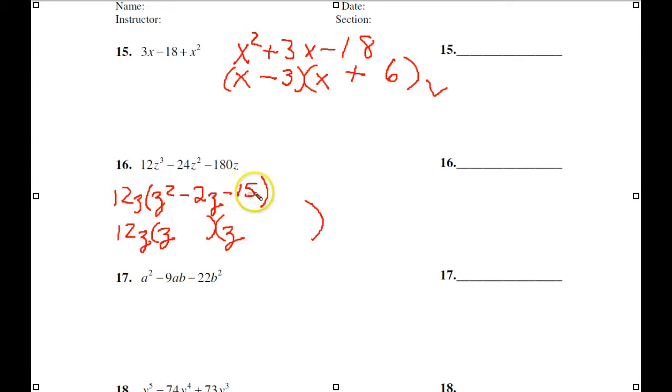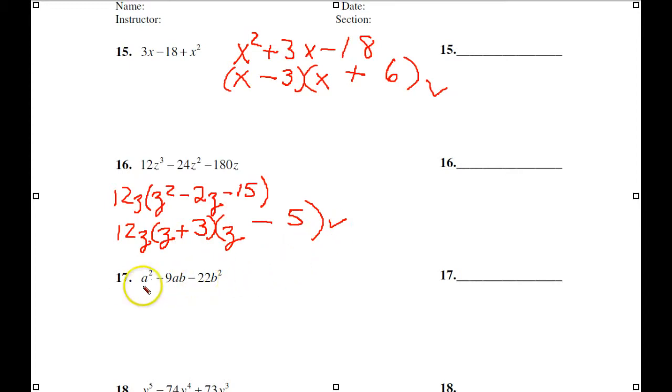And I have a 15, and I'm looking for something that has a difference of 2. So how about a 5 and a 3? My middle term is negative, so the larger of these factors would be negative, and this one would be positive. And I FOIL it, and it checks.